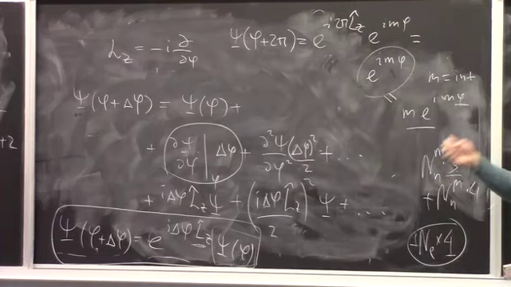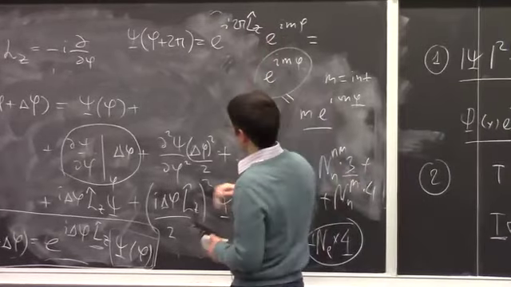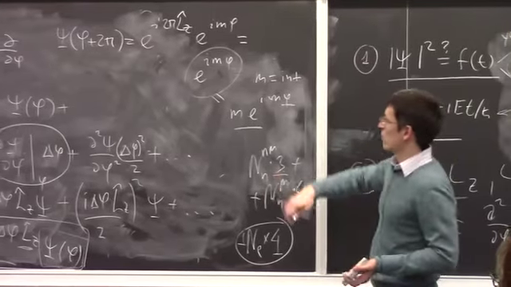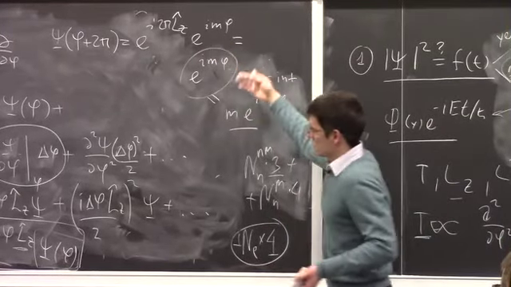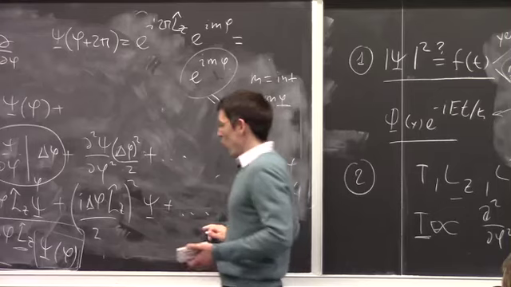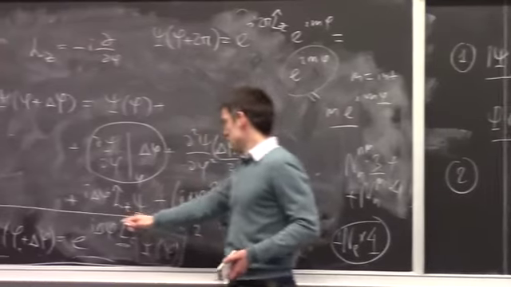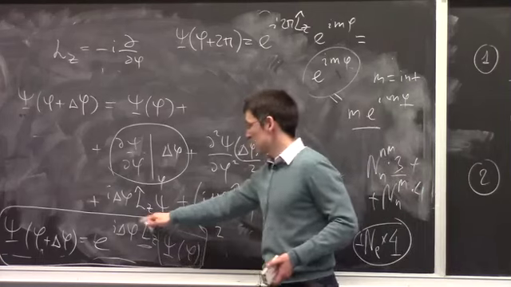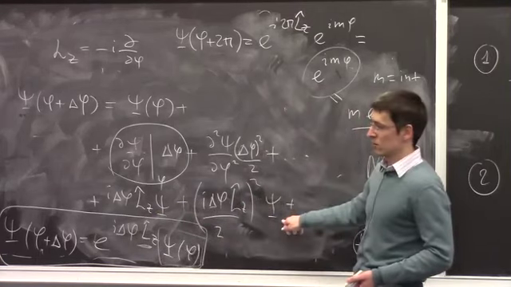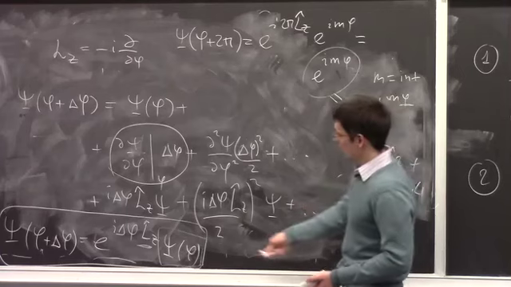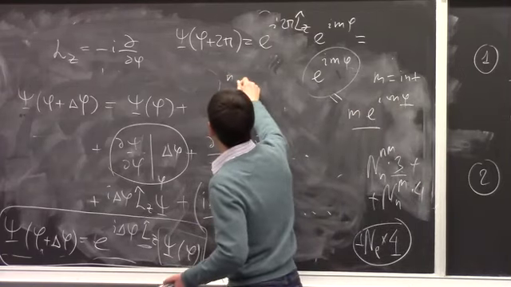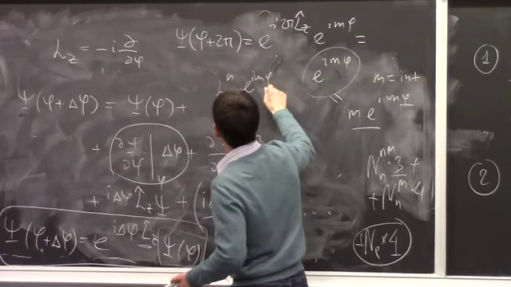We already know what Lz does when it acts on this, but how do we apply the exponent of the operator on the function? It's actually quite easy. You go back to the Taylor series expansion, where all you need to do is apply the operator itself to the function, or square the operator on the function, and so on and so forth. Every time you apply the nth power of Lz on e to the i m phi, what do you get?